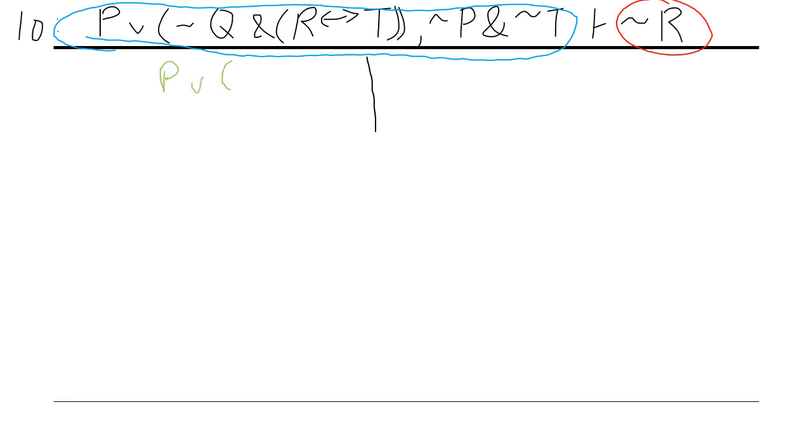P or not Q and R double arrow T. P, Q, double T. And then not P, not T, R.